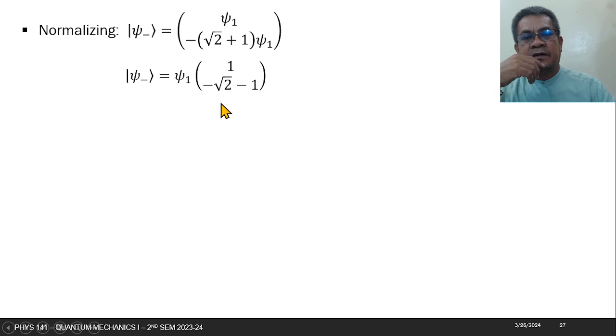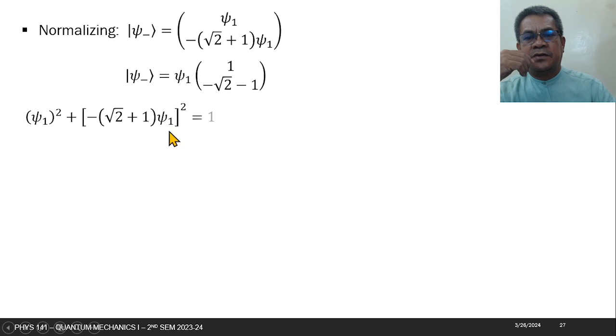So you can use any of these, but I think it's good to use this one. All you need to do is to square this, then square this, not square root, square, then equal to 1.